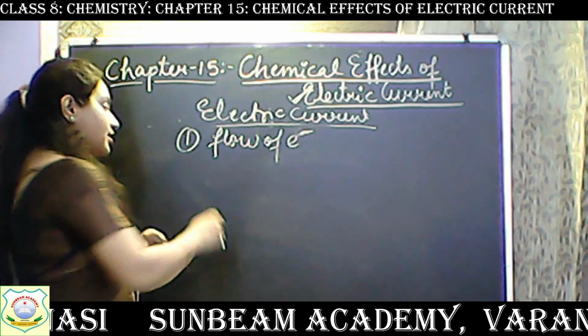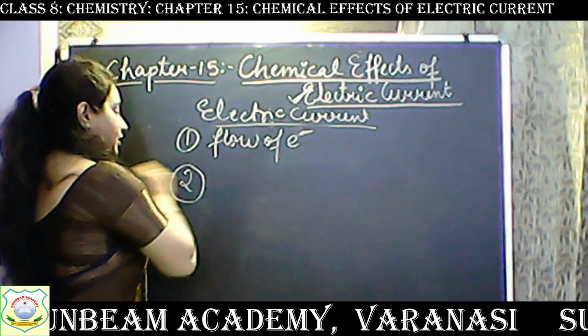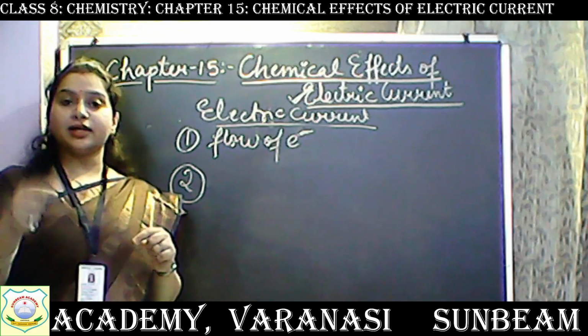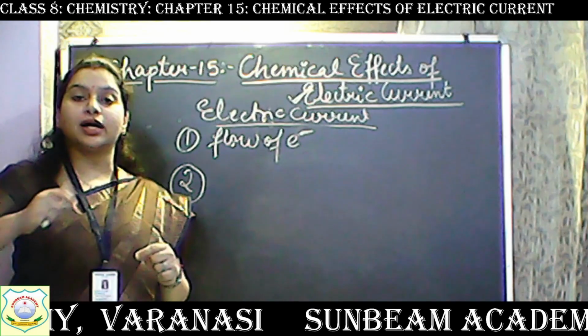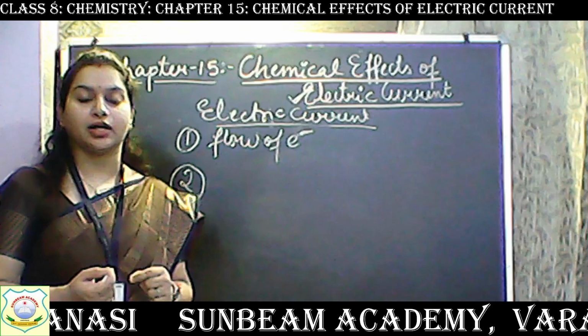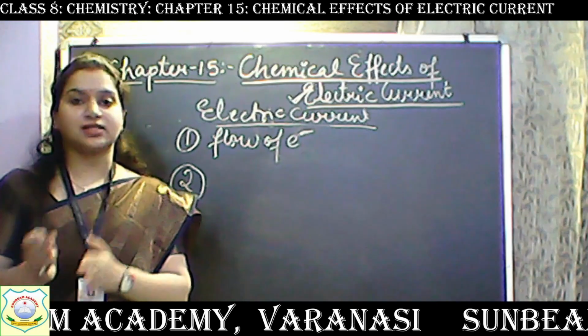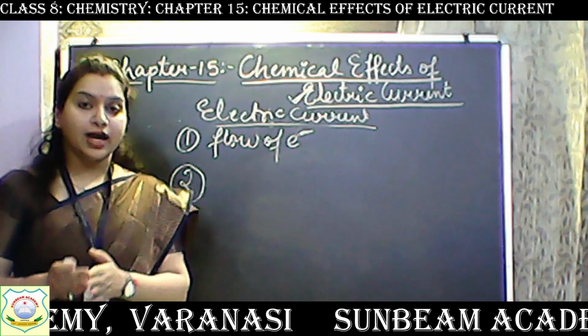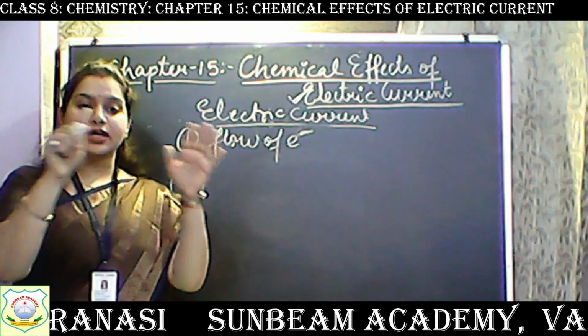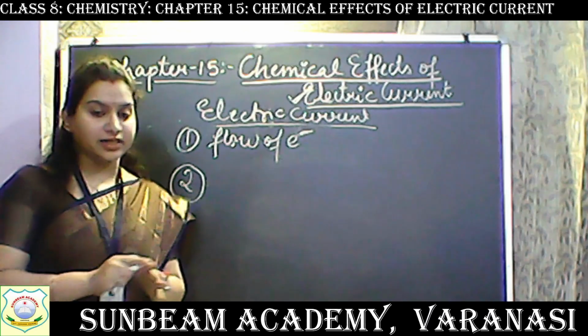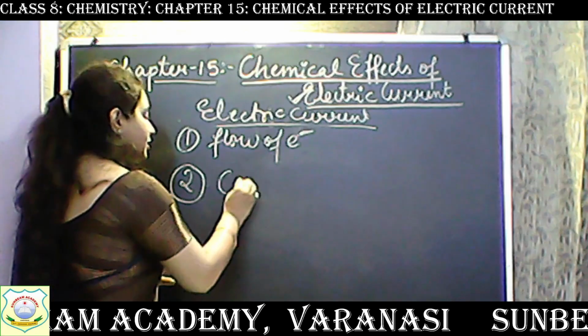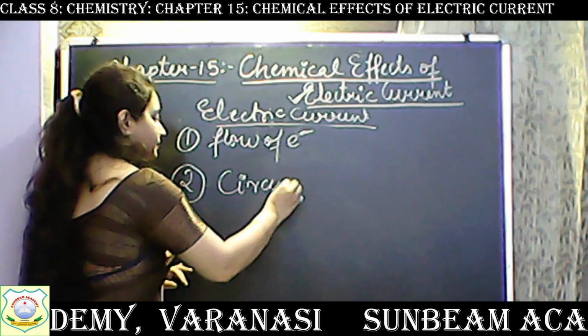Getting it? Now the second very important thing is, अब ये करंट अगर फ्लो कर रहा है तो ये करंट कैसे फ्लो करेगा? इसके लिए इसको कुछ apparatus की जरूरत होती है. Okay, and then it is completing a circuit. So what we are now going to study is circuit.